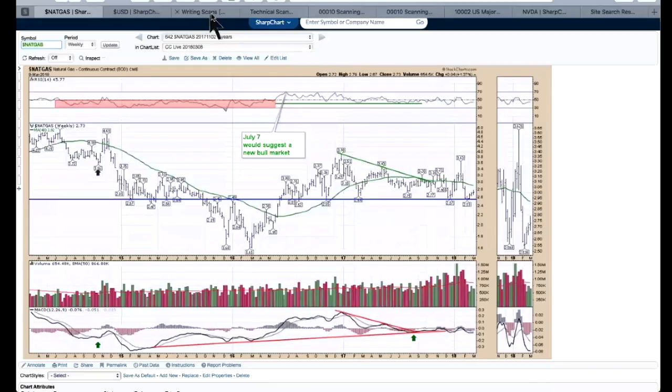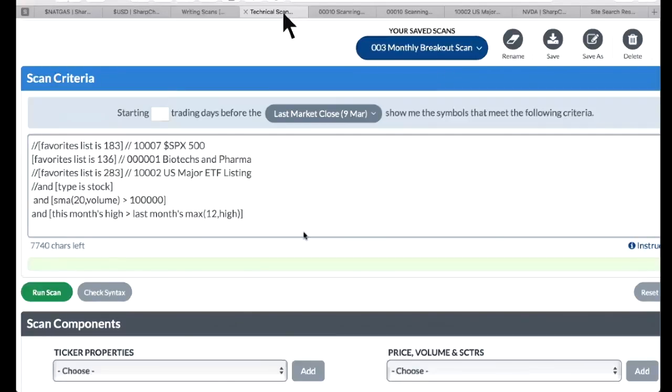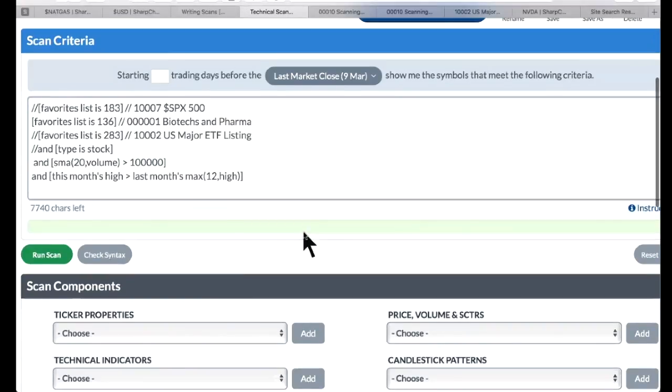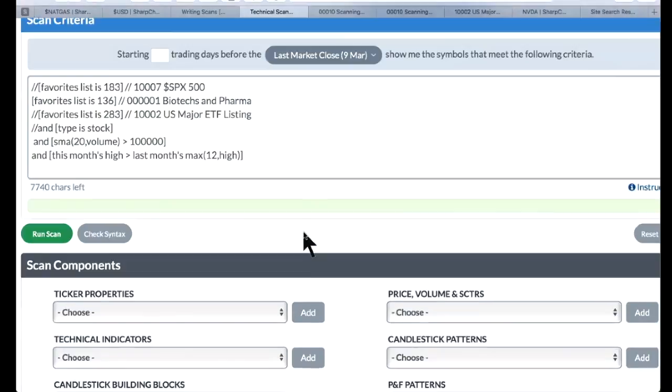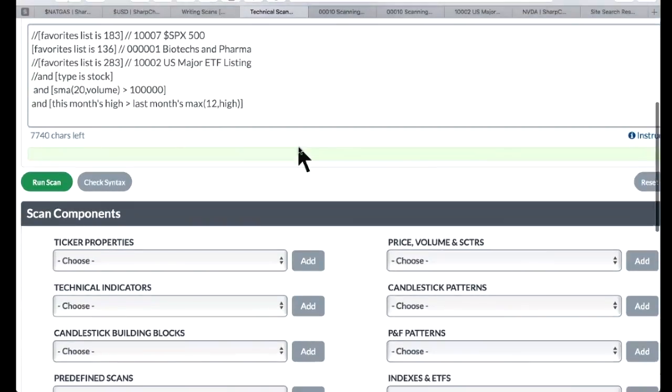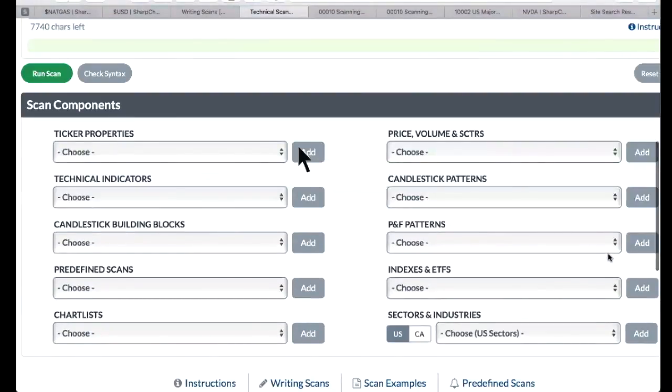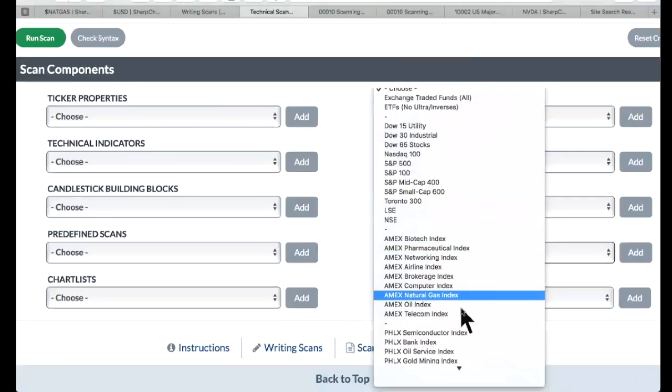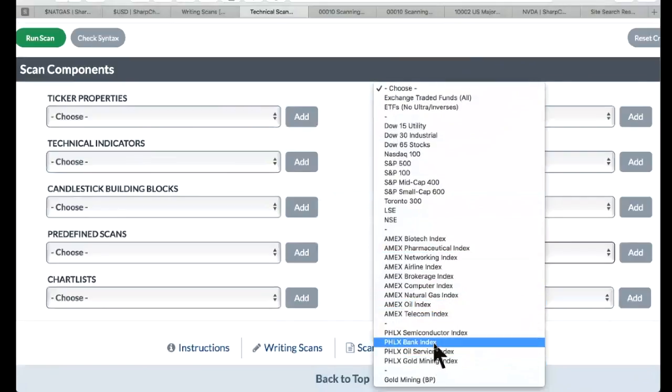So let's just go look at the scan again here. If you're looking at scans and you have an area that you want, let's say banking, and there's, I don't know, 8,000 US banks or something, but there's so many that are publicly traded, you can do a couple of things. You can either pick a group. So here you can go down here and pick the banking index or whatever. You can go grab a group.